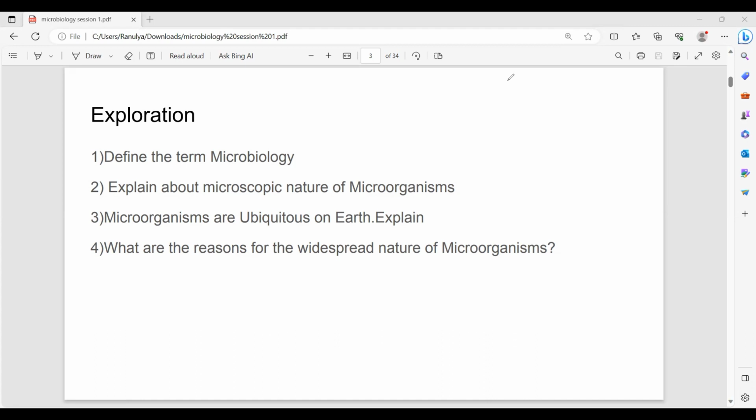Then the fourth question. What are the reasons for the widespread nature of microorganisms? They can give a structured essay question like that. We'll write down the answers. What is the first reason?